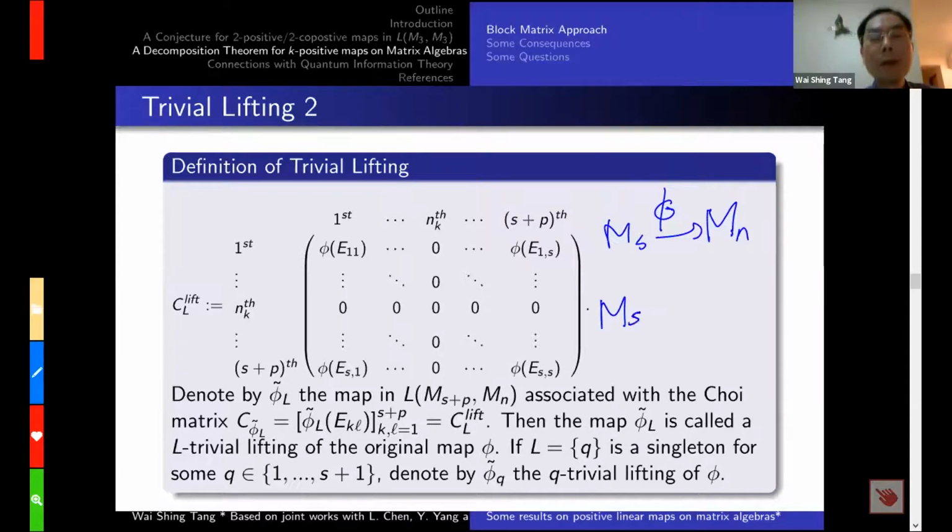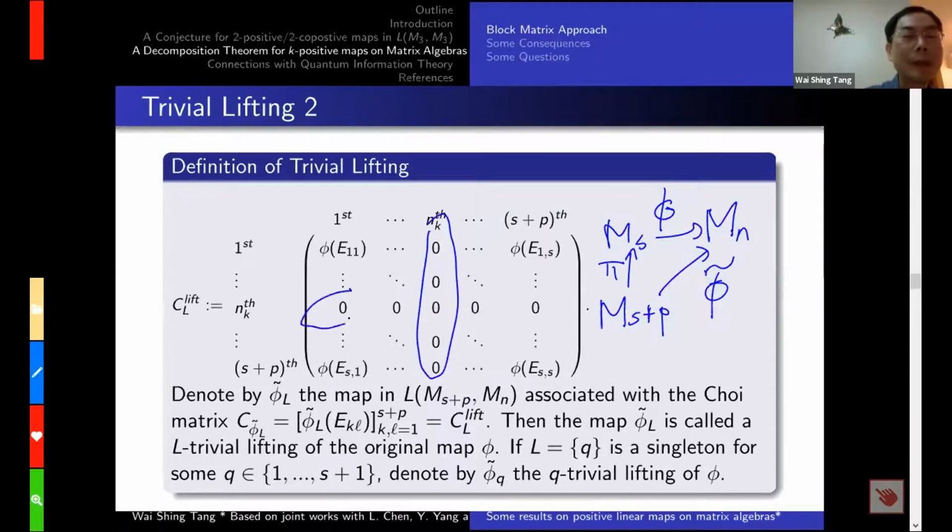Suppose we have a bigger dimensional space, then we want to lift it to phi tilde, and we have the same image for the actions. Of course, in an abstract manner, you may consider the appropriate projection from the bigger matrix space into the smaller one. But in terms of the concrete explicit expression, it means that we are just adding zeros to the Choi matrix, to the new Choi matrix.